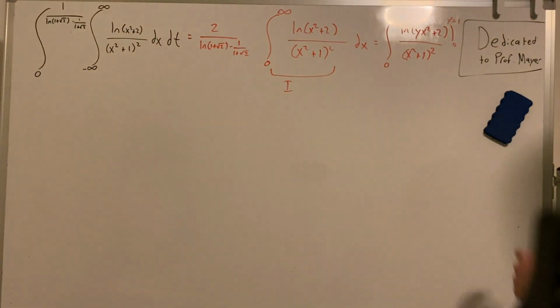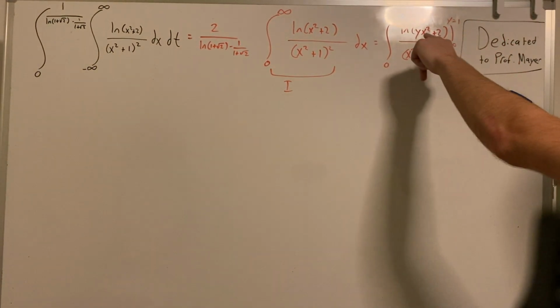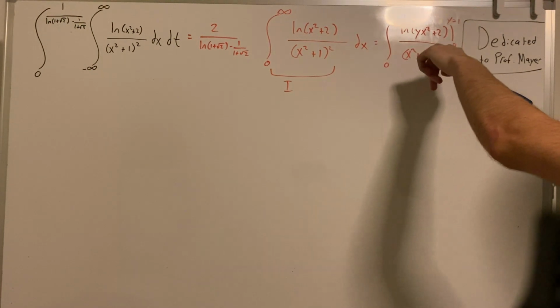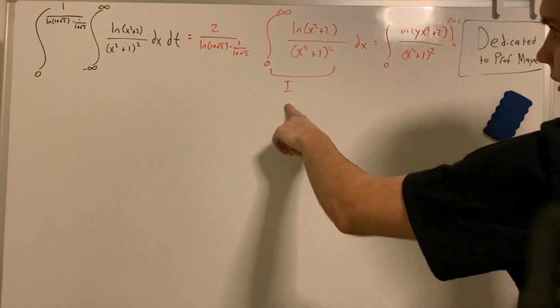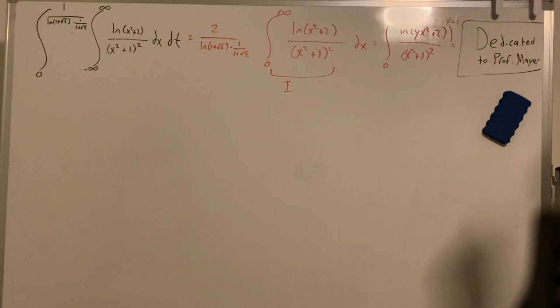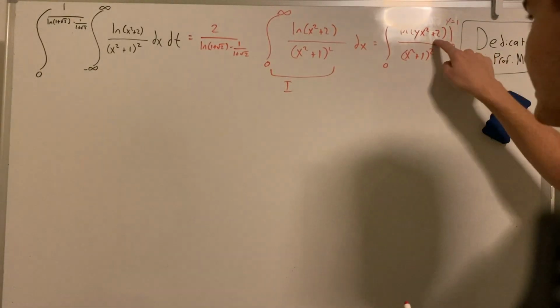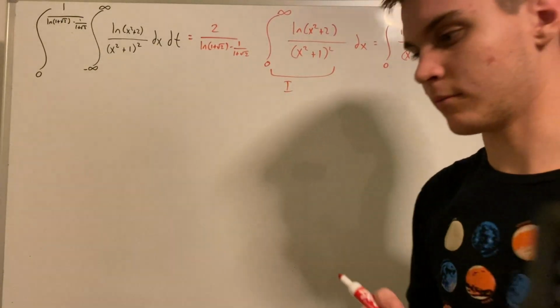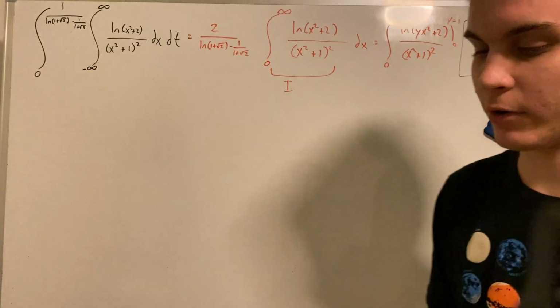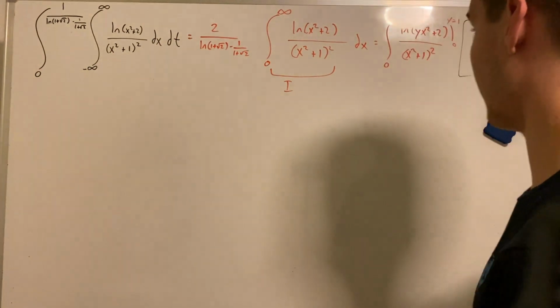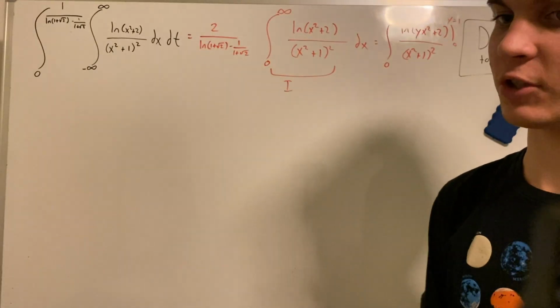Now, that means we're going to be evaluating this at y equals 1 and subtracting this evaluated at y equals 0. At y equals 1, we get our target integral I. But at 0, since this is a 2 and not a 1, which would normally be the case, the natural logarithm goes to ln 2 when y equals 0 in this case, instead of just 0.